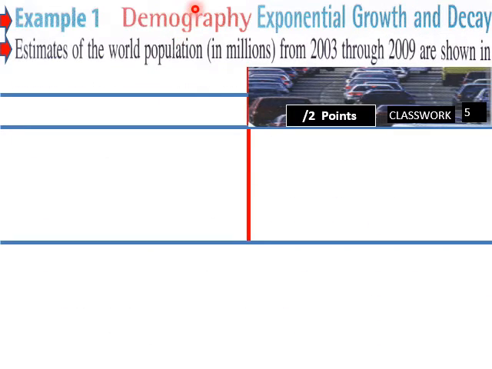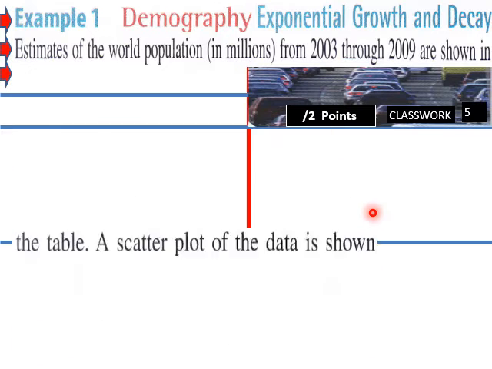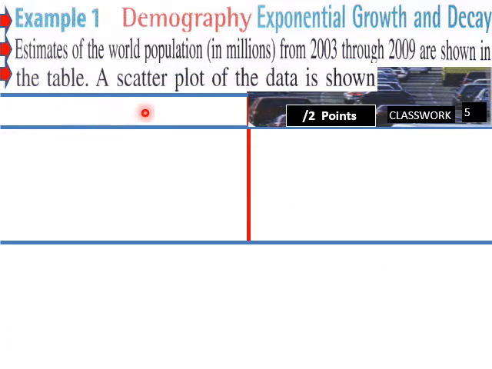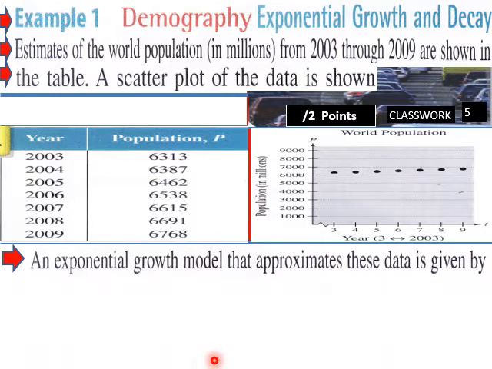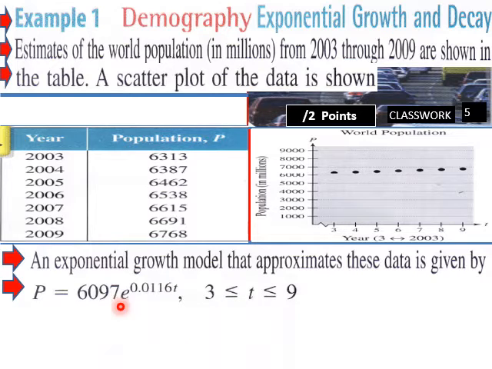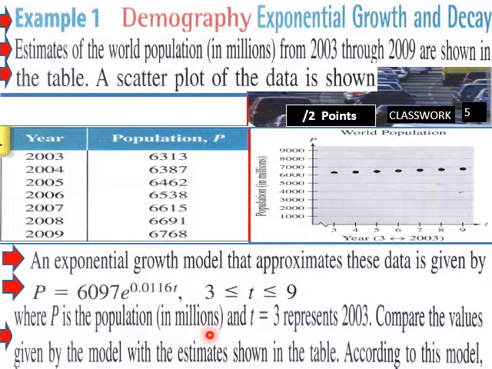First example, demography, exponential growth and decay. Estimates of the world population in millions from 2003 through 2009 are shown in the table. A scatter plot of the data is shown. So here's your scatter plot derived from this table. An exponential growth model that approximates these data is given by this function that describes this relation, where 3 is less than or equal to t is less than or equal to 9, 2003 to 2009, where p is the population in millions and t equals 3 represents 2003.